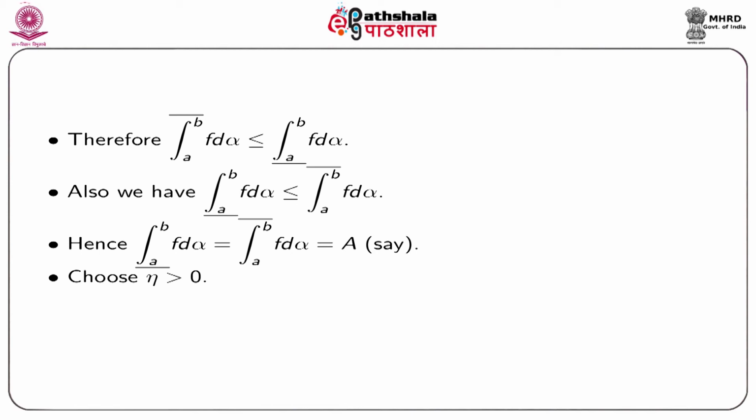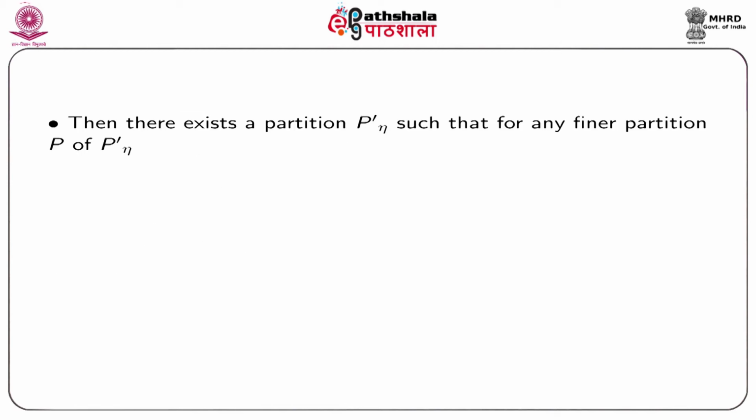Now, choose an eta greater than 0, then there exists a partition p dash eta such that for any finer partition p of p dash eta, we have U p f alpha less than upper integral a to b f d alpha plus eta.